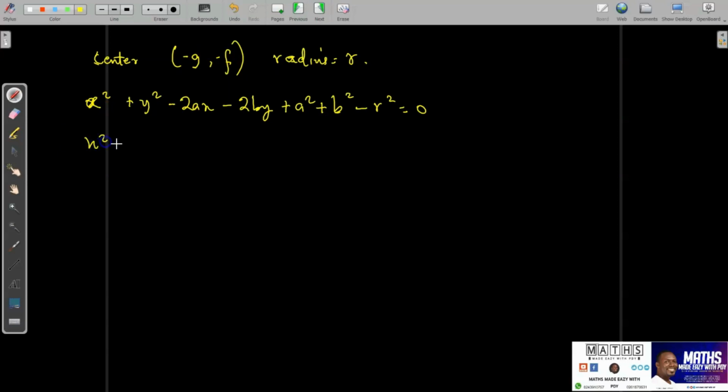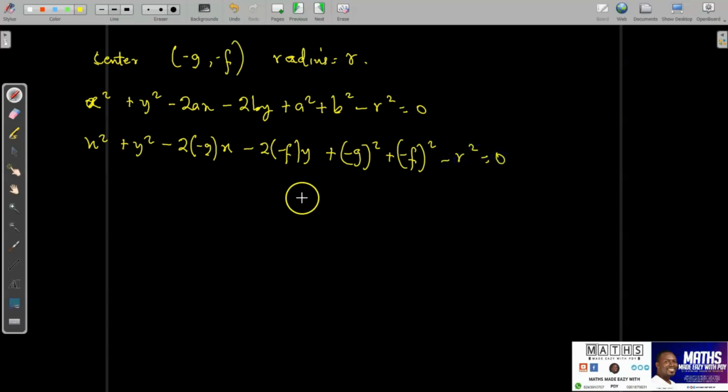We'll have x squared plus y squared minus 2 into brackets minus g, because the a is being substituted with negative g. Then x minus 2 times minus f, then y, then plus minus g all squared plus minus f all squared minus r squared equal to 0.